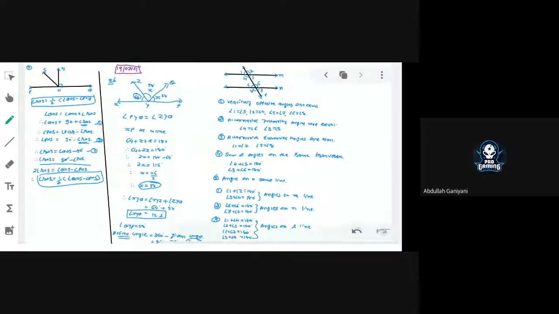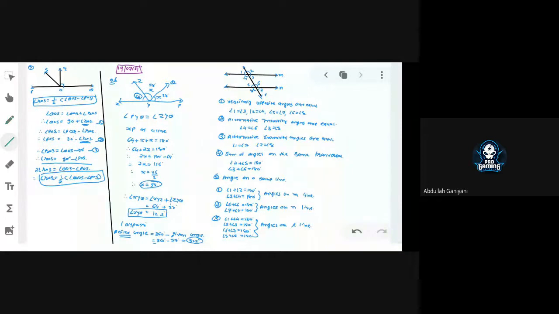Now you can see the total theory of these angles made by the parallel lines and another line. You can see there are five types of angle: vertically opposite angles, alternate interior angles, alternate exterior angles, sum of angles on the same transversal, and angles on the same line.